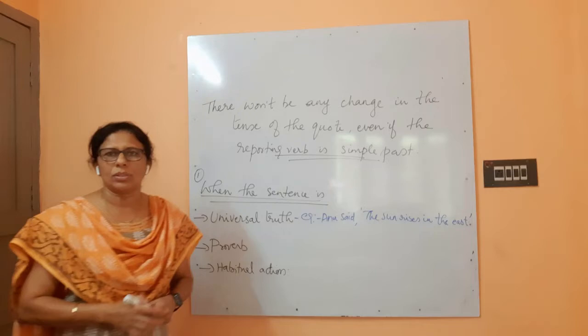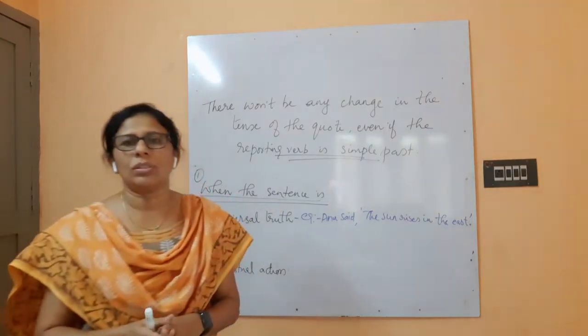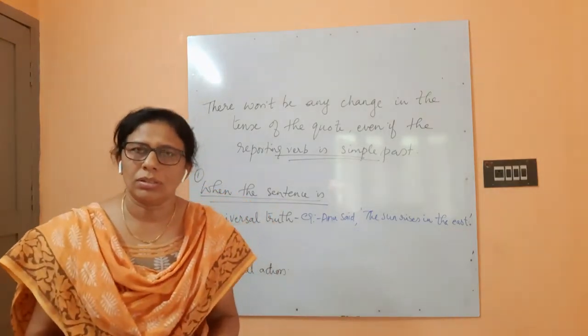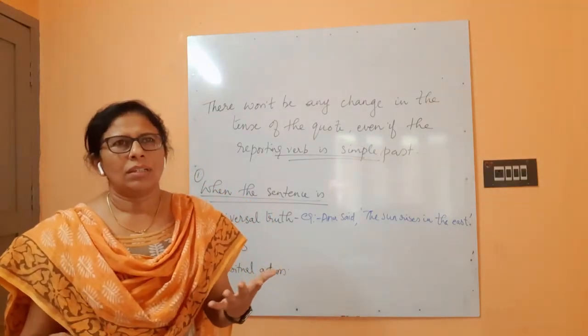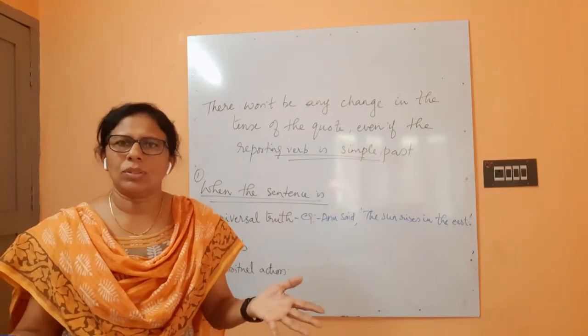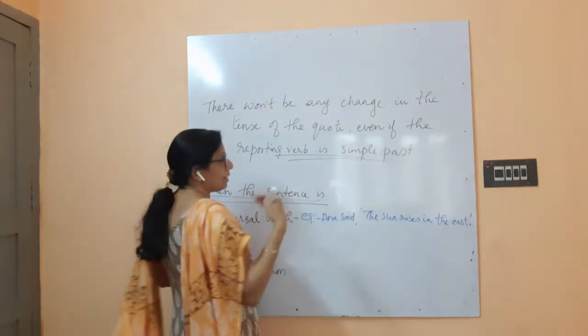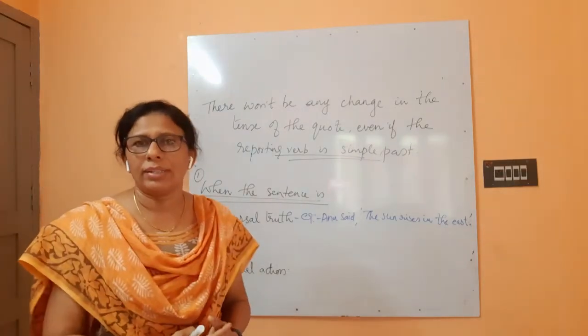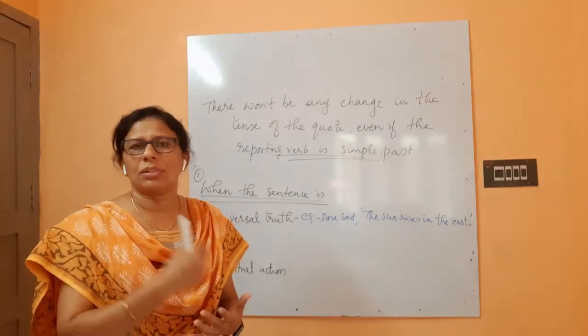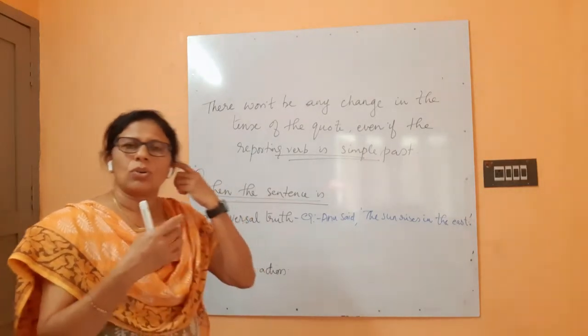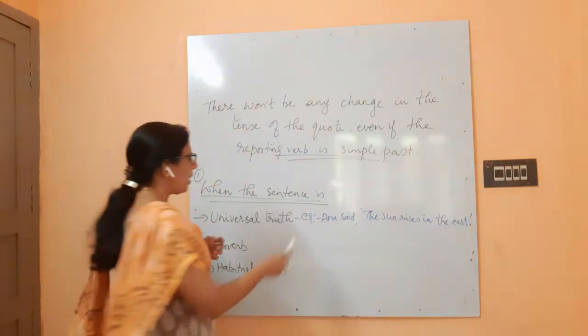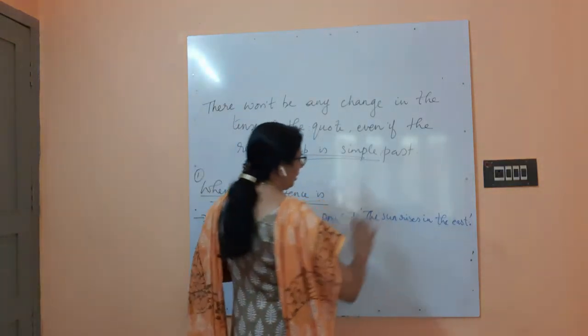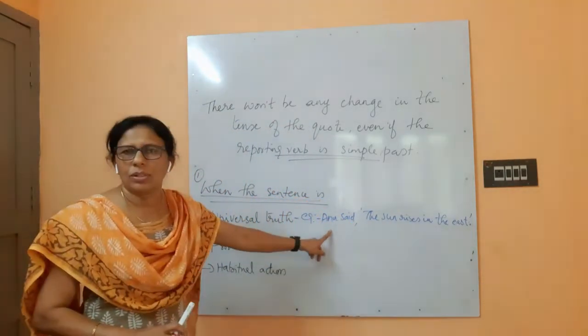Okay, any universal truth, like the earth revolves around the sun, or water boils at 100 degrees centigrade. That's a universal truth, a scientific fact. Okay, so all those things which cannot be changed. So, Anu said the sun rises in the east. This we know is a universal truth.